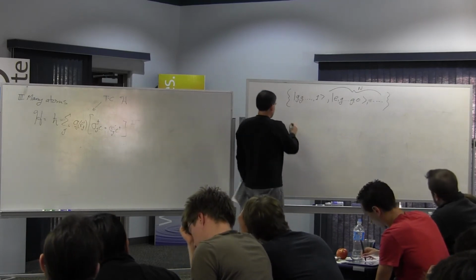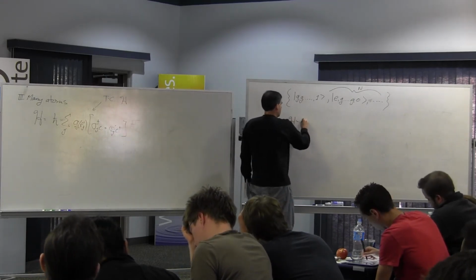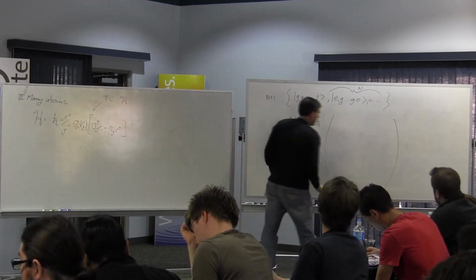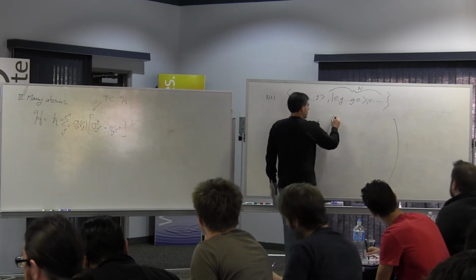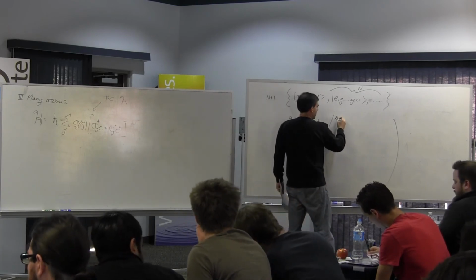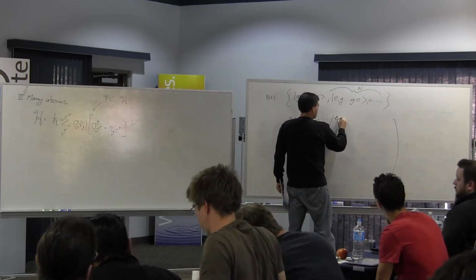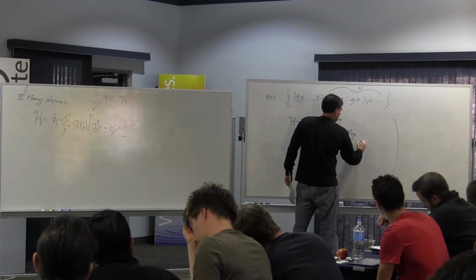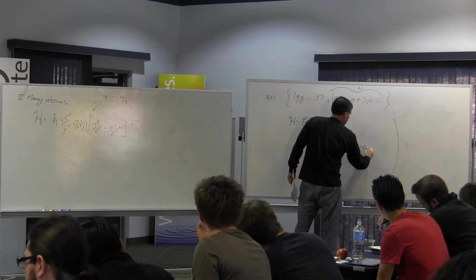So in this subspace, the Hamiltonian looks like the following. There's a lot of entries here. There's the energy of the cavity state, and all the atomic states are similarly tuned.